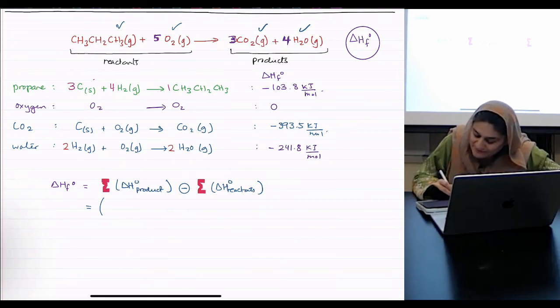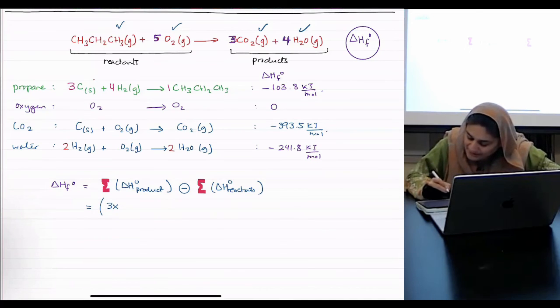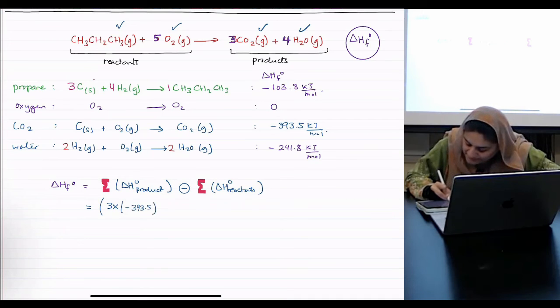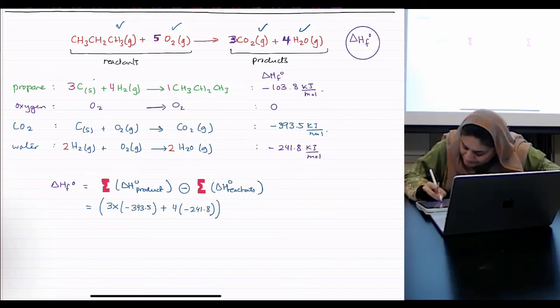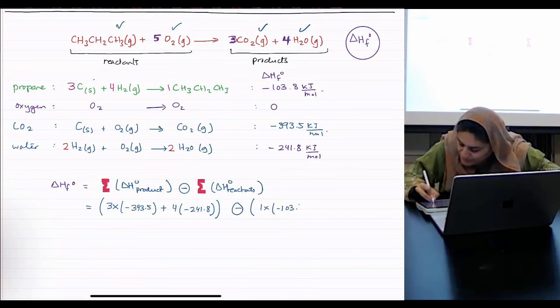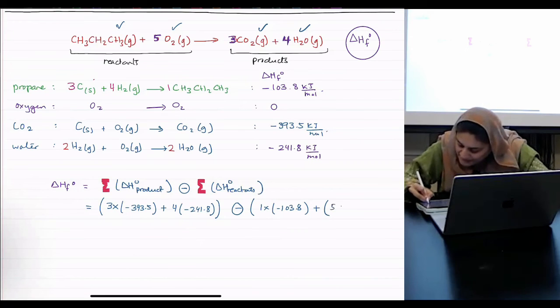So delta H of the products will be 3 times the carbon dioxide number, negative 393.5, plus 4 times the water number, negative 241.8, minus 1 times negative 103.8 plus 5 times oxygen, which was 0.